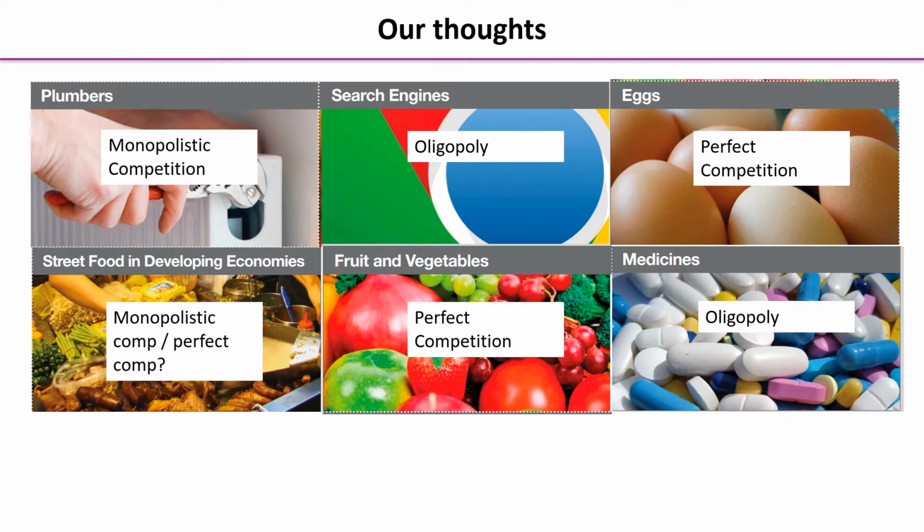Again, you could argue that there's a difference in quality between different suppliers, between organic and non-organic, local products and so on, but they tend to be considered perfect competition. And finally, medicines, that's an easier one, does fit into the category of oligopoly with a small number of very large firms in the market.